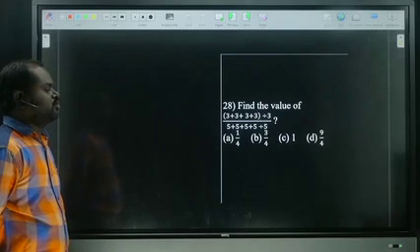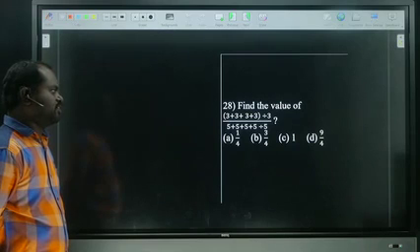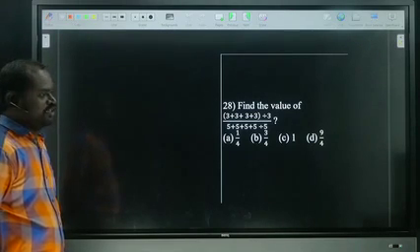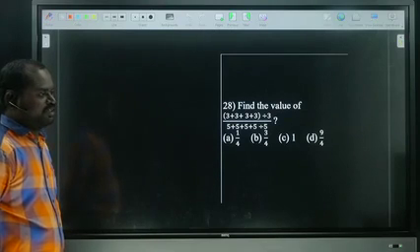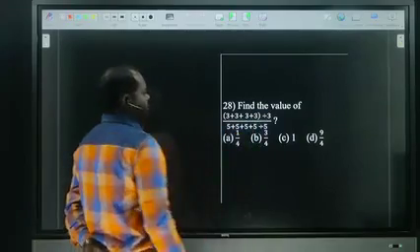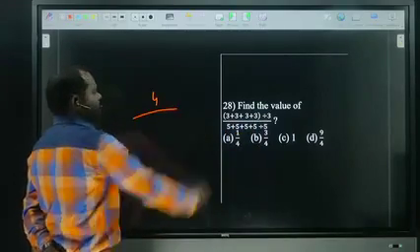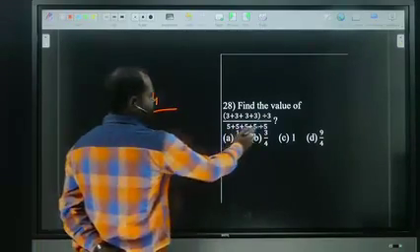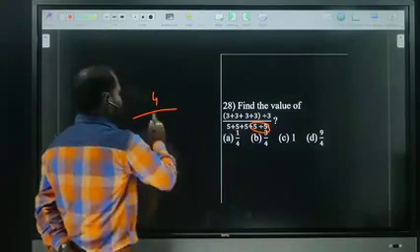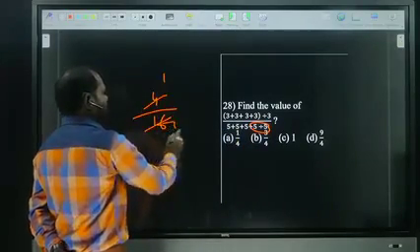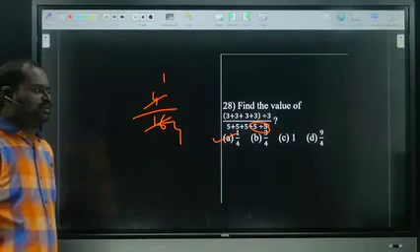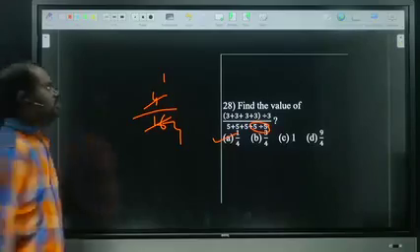As per BODMAS rule, in the numerator part 3 plus 3 plus 3 plus 3, bracket is the first preference. Option A is the answer. Whether it is right or wrong, we shall see now. 3 plus 3 plus 3 plus 3 is 12, by 3 is nothing but 4, by first preference division. 5 by 5 is nothing but 1, 15 plus 1 is 16. 4 by 16, 4 ones are 4, so the answer is option A, 1 by 4. So when people are giving option A, 1 by 4, right. Now next.